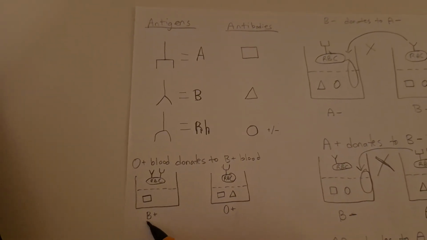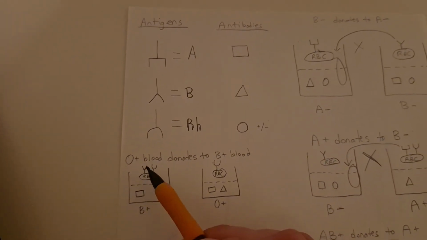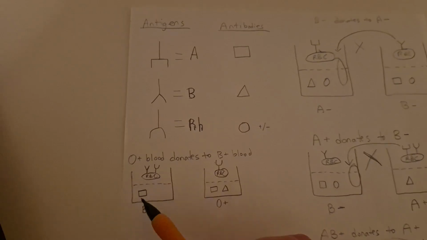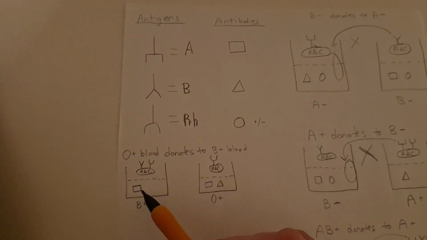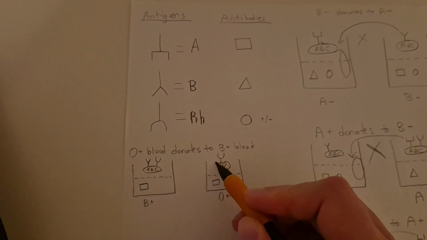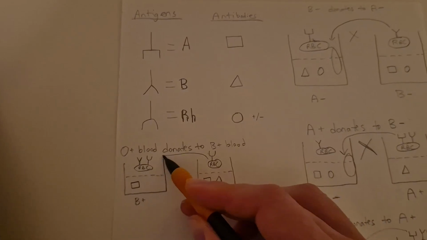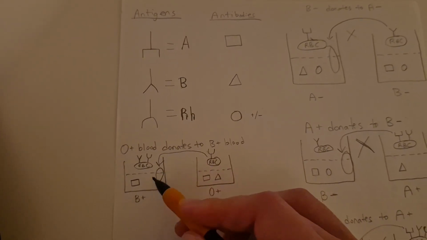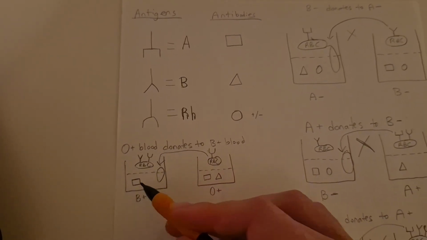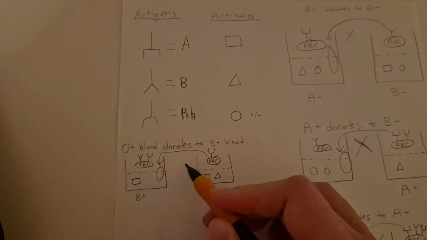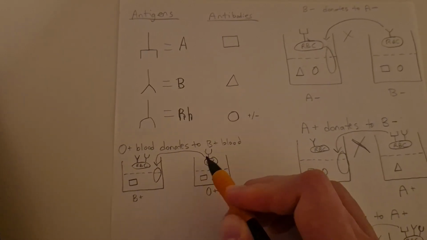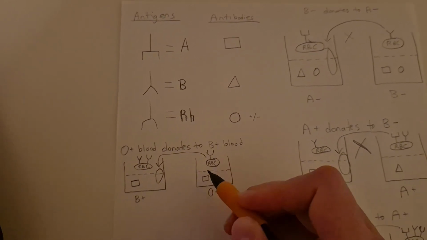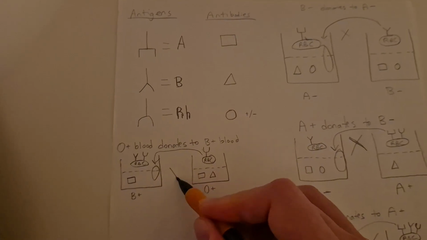And now with this B plus, we have our B antigen and our Rh antigen and our A antibody. So when we take this RBC and we donate it to the B plus blood in the solution, this doesn't bind with this because the shapes don't match. So this type of transfusion would be a success.